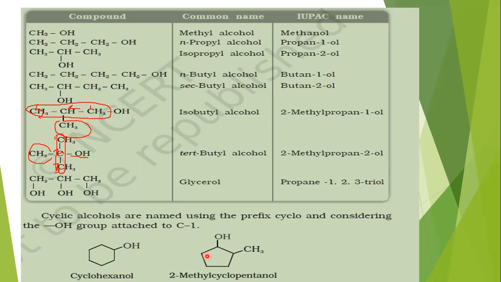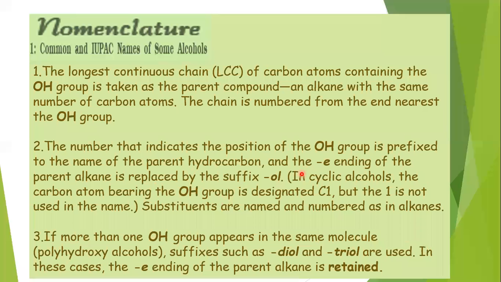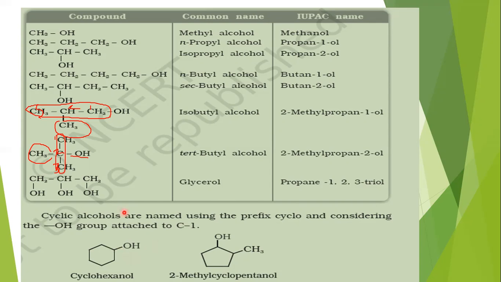But here the position of OH is not indicated. In cyclic alcohols, the carbon atom bearing the OH group is designated C1, but the position of the hydroxyl group, that is 1, is not used in the name.